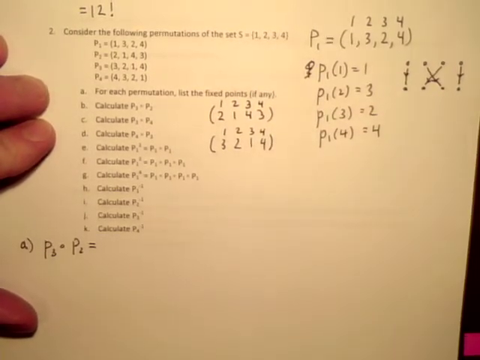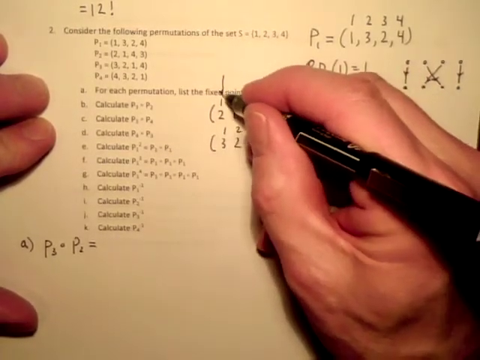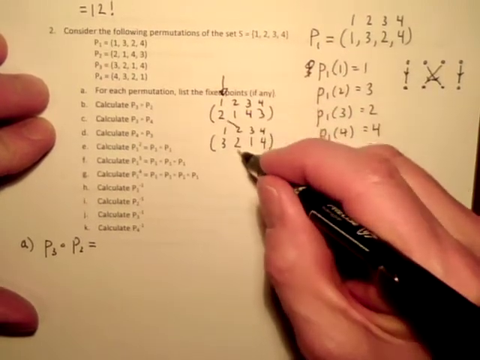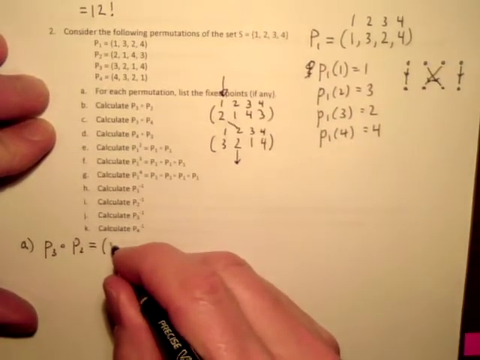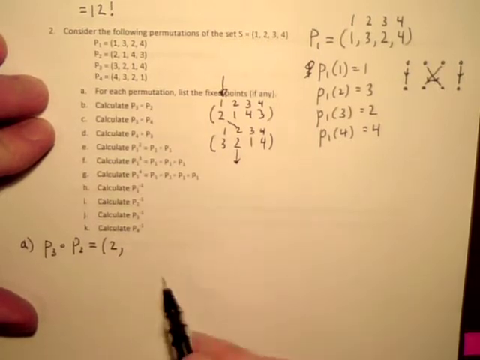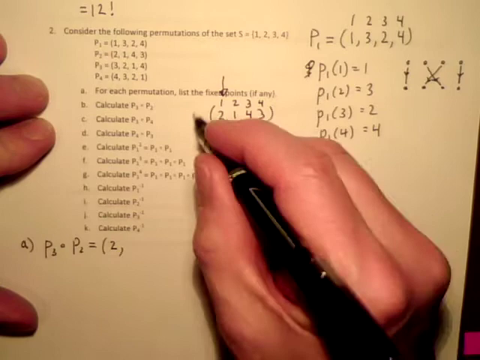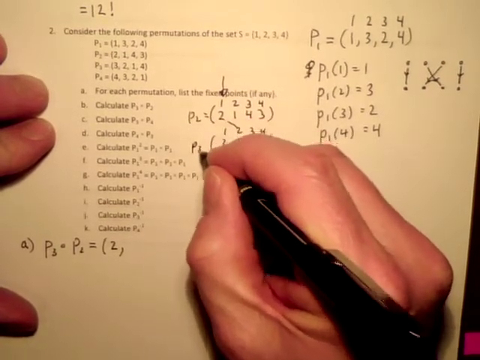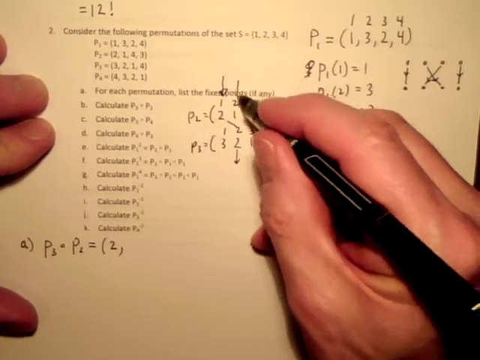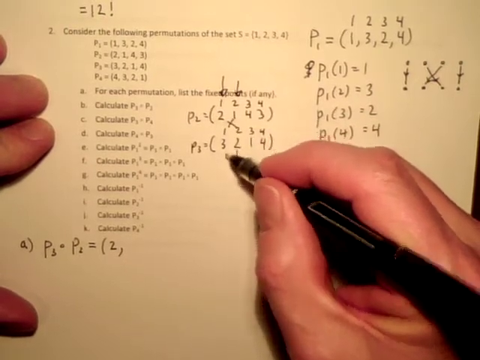And then you ask yourself, okay, where does 1 go? 1 goes to 2, and 2 goes to 2. So 1 goes to 2. Now we need to figure out where 2 goes. 2 goes to 1 from P2, and then 1 went to 3.